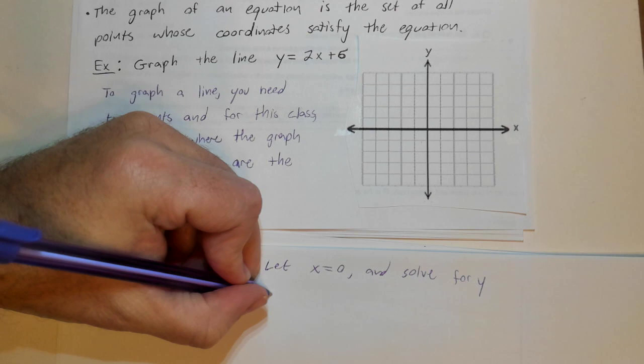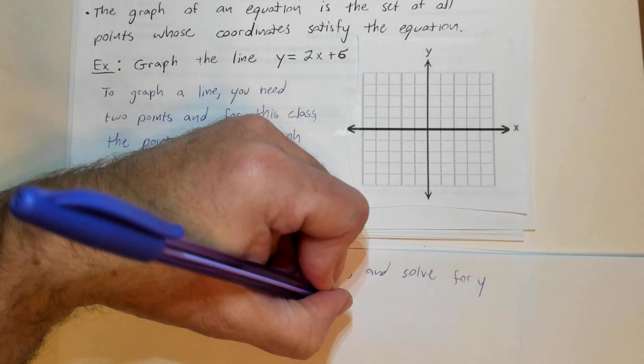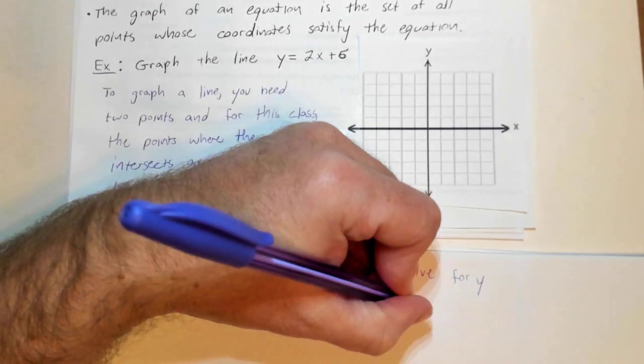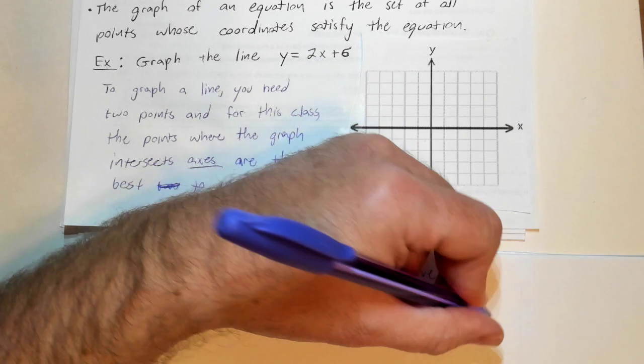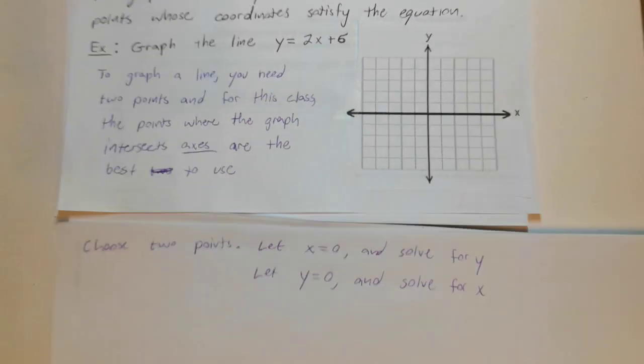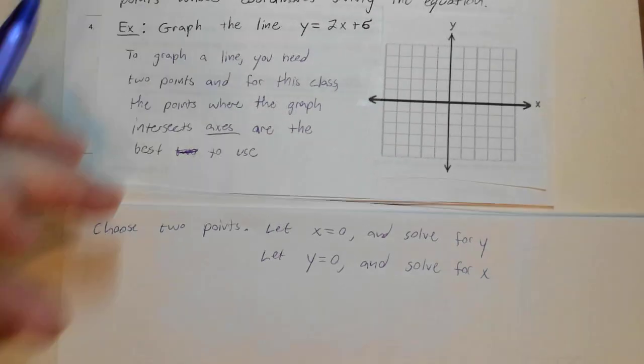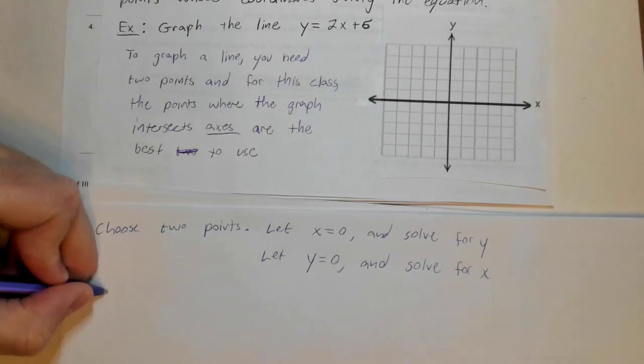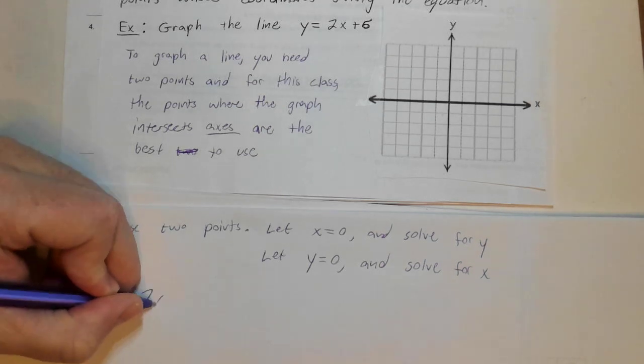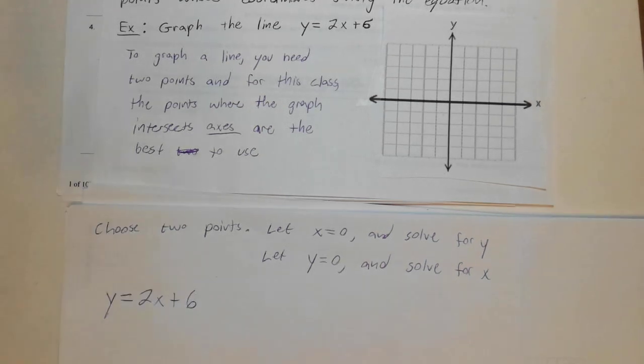Then we will let y equal 0 and solve for x. So here's what I mean by that. Let me write down my equation: y equals 2x plus 6.